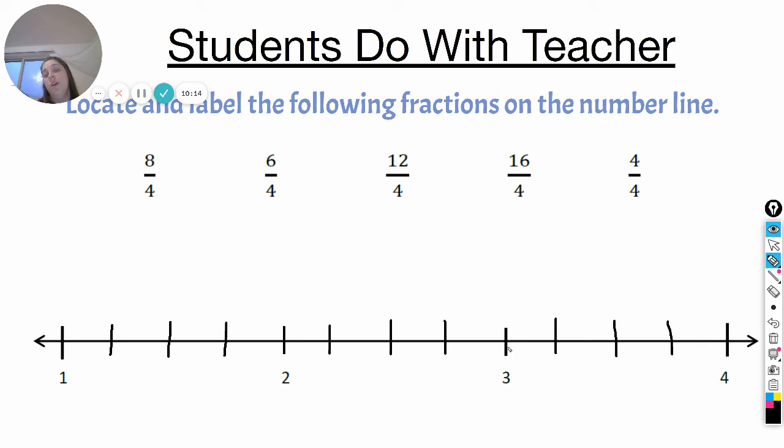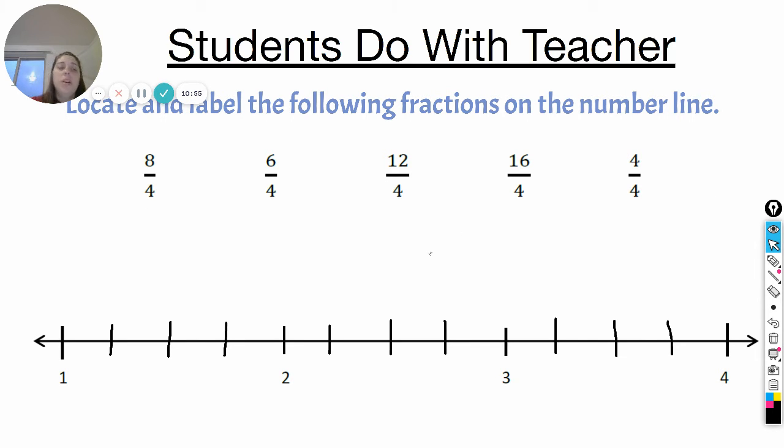And if we check our work, 1, 2, 3, 4 spaces. So if we count our jumps, there's 1, 2, 3, 4. Okay, now that we have our number line broken into fourths, we can start labeling.